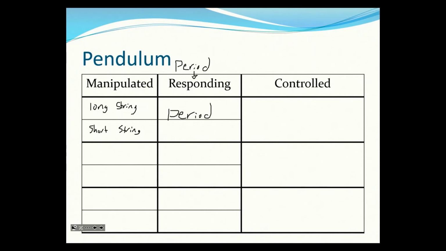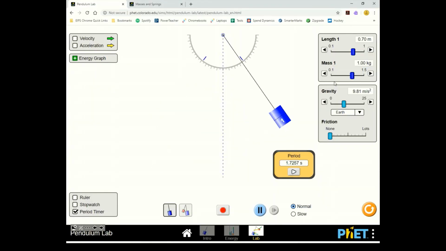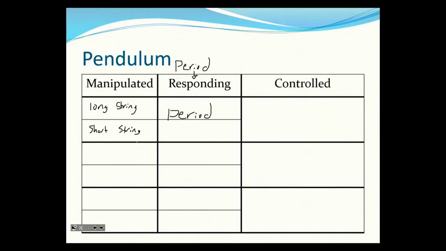Other things I can change from that simulation is I can change my mass. I can make my mass big, or I can make it small. So we can have a big mass, and we can have a small mass.